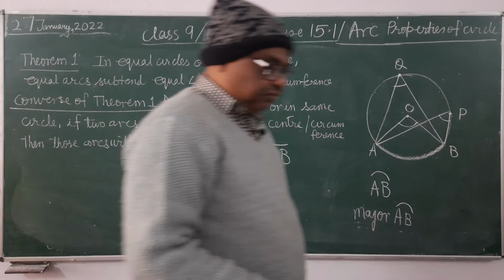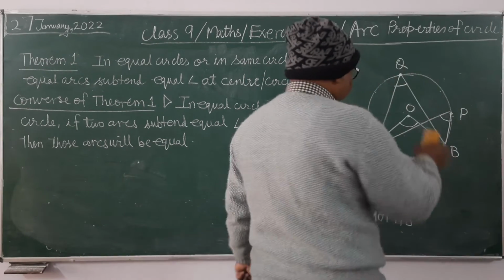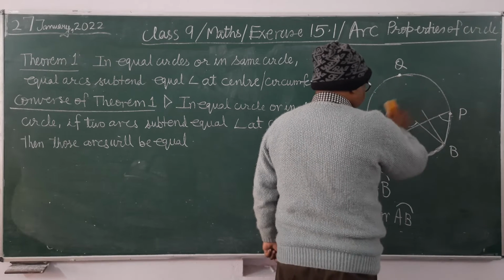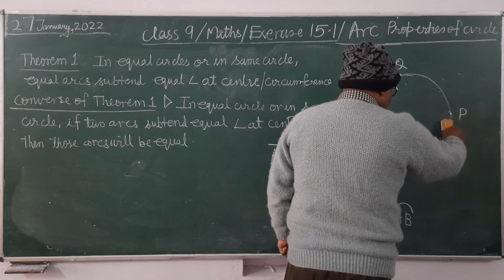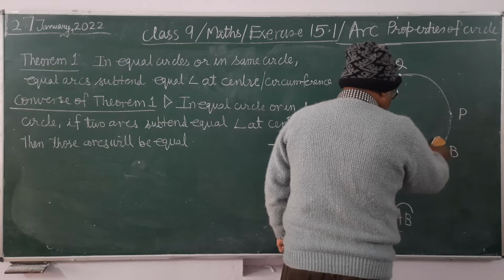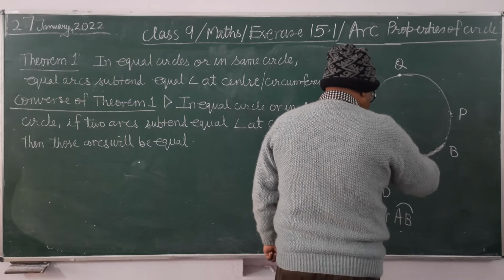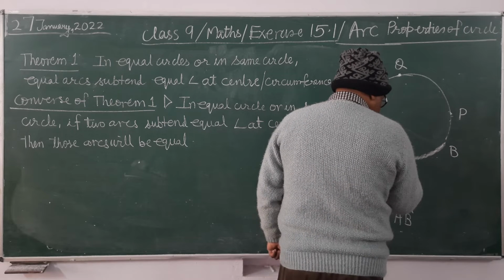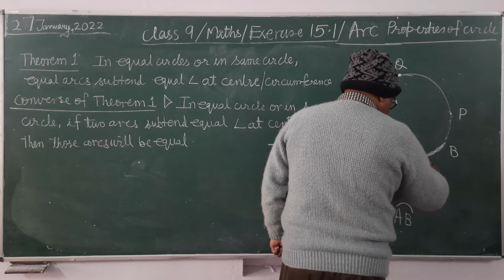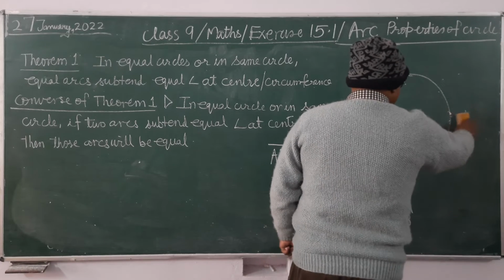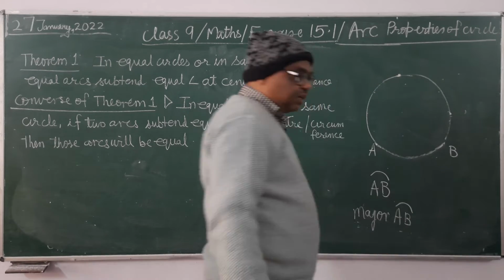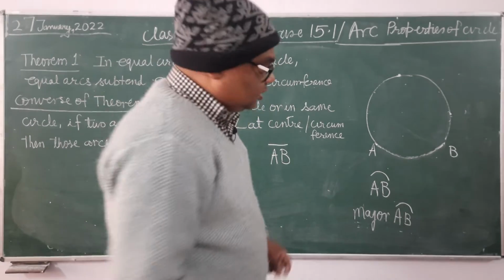Now see here, one more thing you can see. If you take the major arc, here I have taken the major arc. When I say major arc AB, it means this.